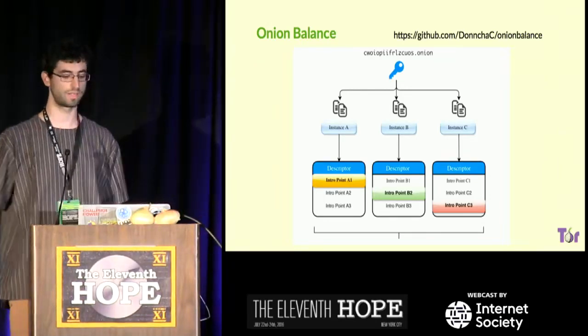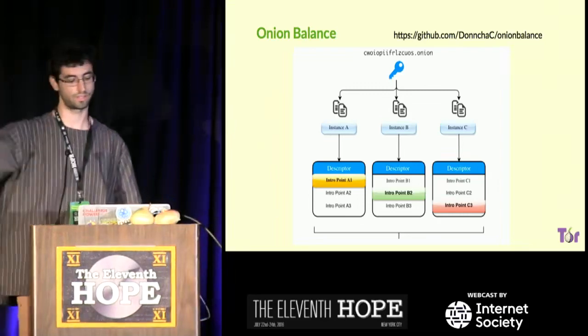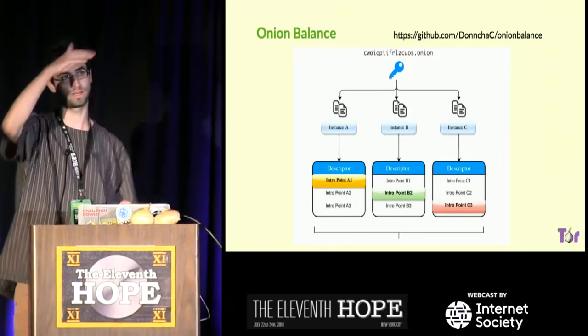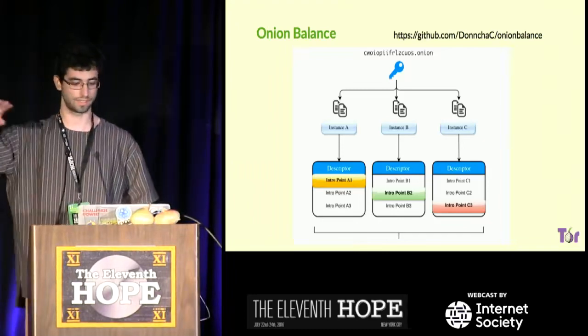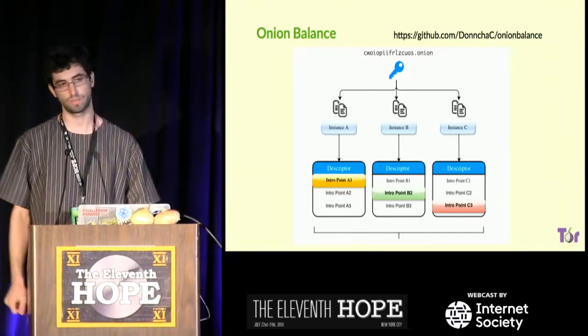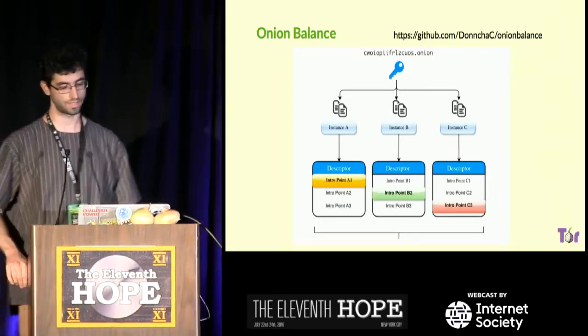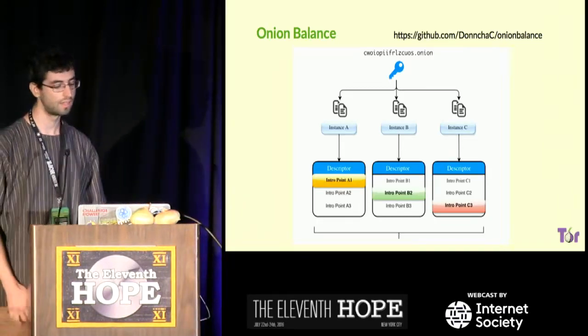So clients, when they take that super descriptor and they connect to one intro point out of that descriptor, it can go to any of those 8 individual onion services. So basically you get load balancing on the introduction point layer.